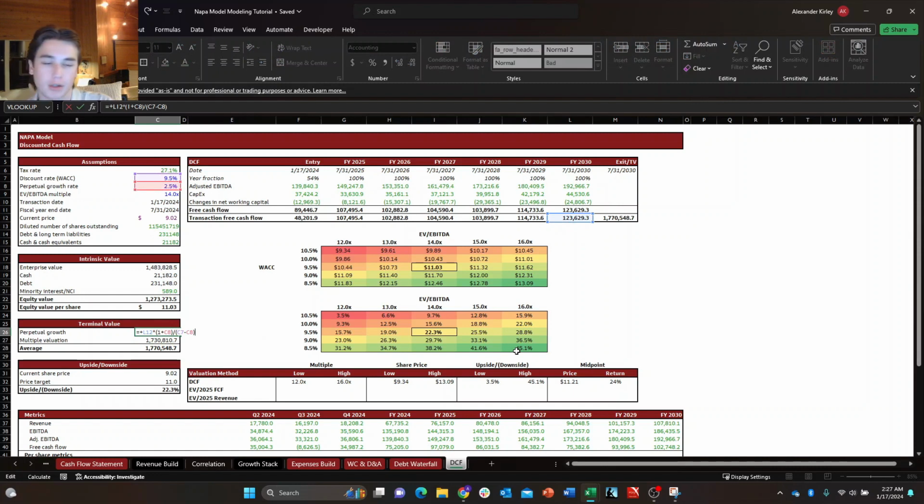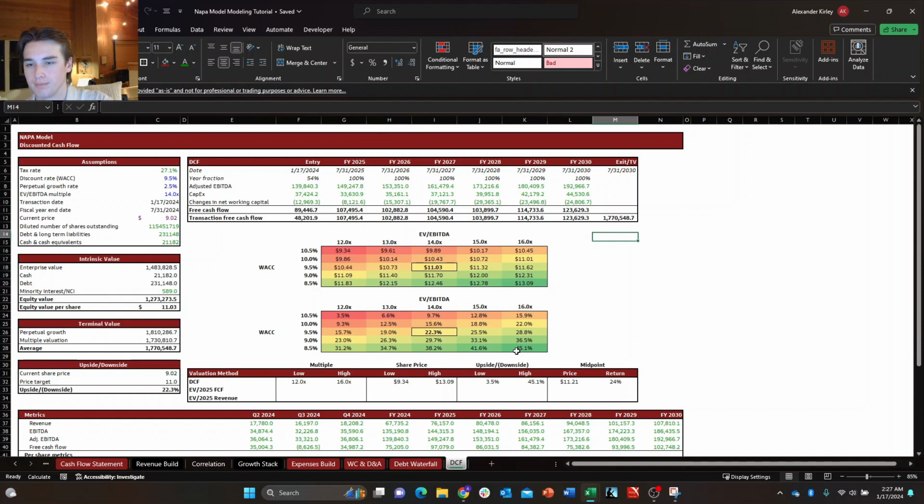Perpetual growth, the equation is the last year of your free cash flow times 1 plus the perpetual growth rate divided by the discount rate minus the perpetual growth rate. The multiple valuation is simple. You take the last year of your free cash flow and multiply it by your expected multiple. Take the average of those, and this gives you your terminal value.